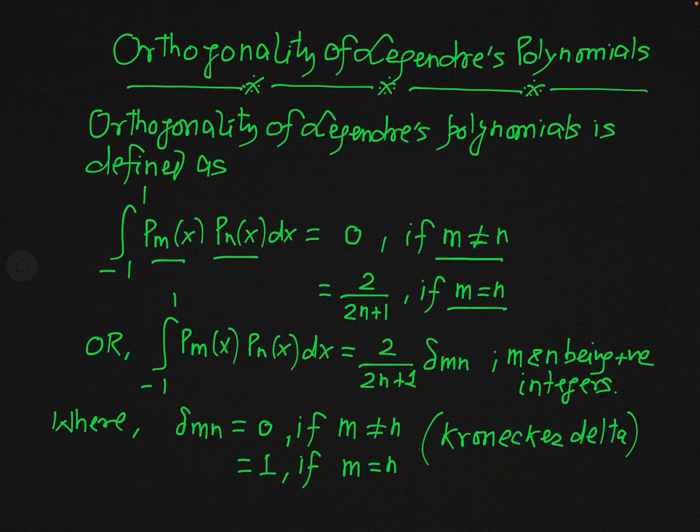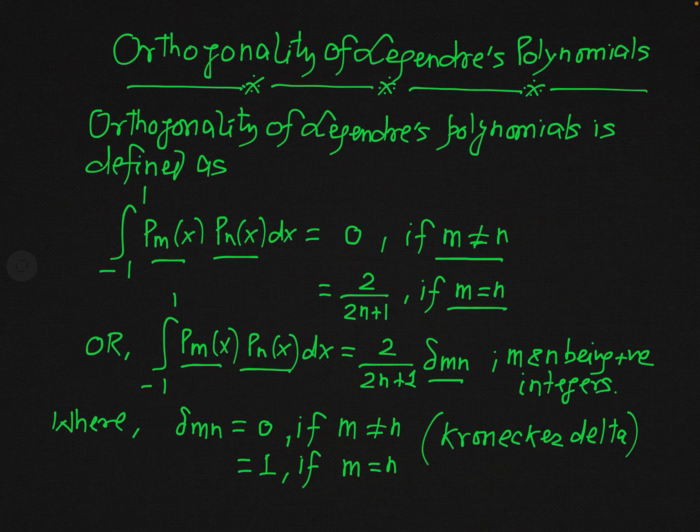In fact, these two conditions we can write by a single equation in terms of Kronecker delta. So this statement can be written as the integral from -1 to +1 of Pm of x into Pn of x dx is equal to 2 over 2n plus 1 delta mn.